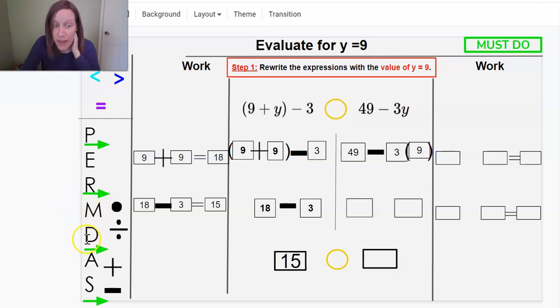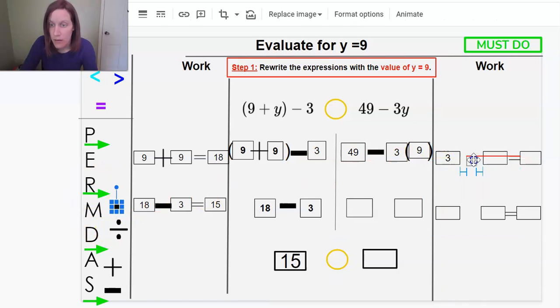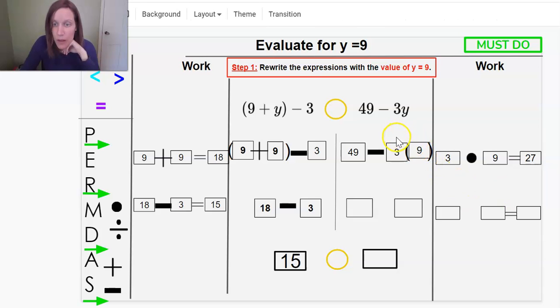I do have multiplication and division because I have multiplication right here. So I need to make sure that I'm doing that step first. 3 times 9 equals 27.